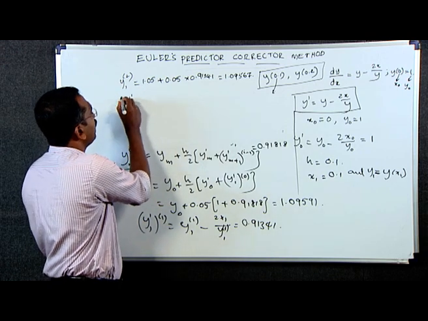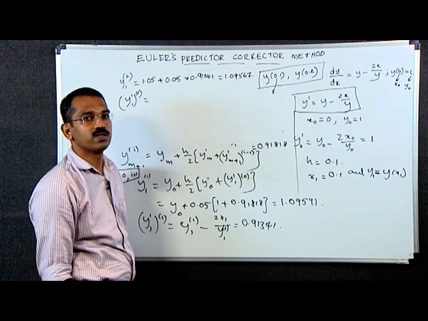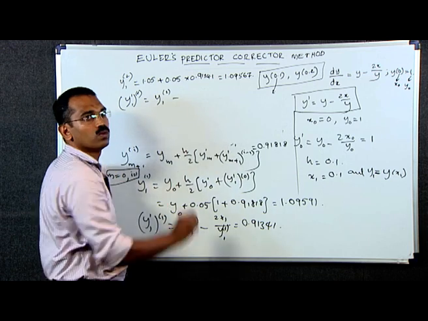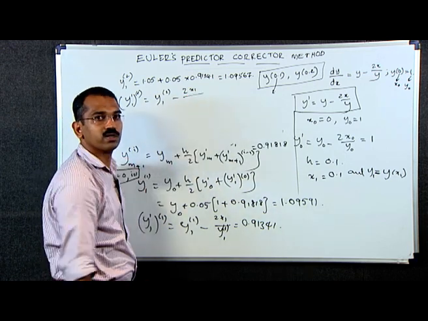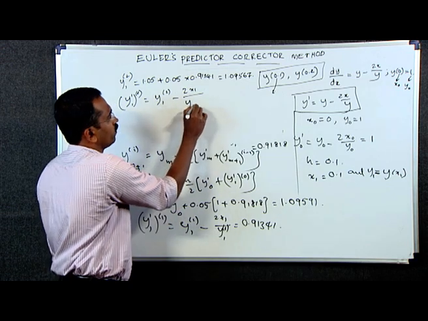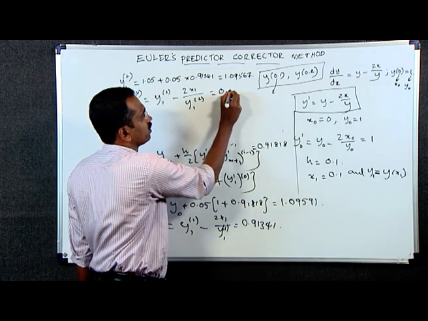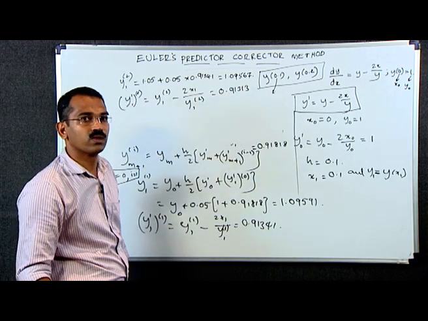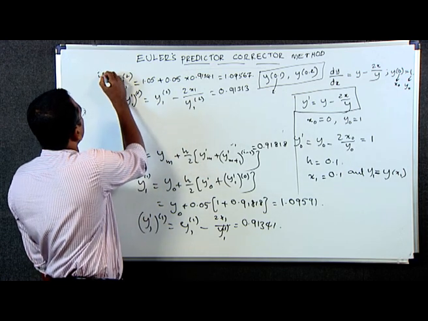Now, y1 dash 2, which is equal to y1 2 minus 2x1 divided by y1 2, which is equal to 0.91313. This is for i is equal to 2.